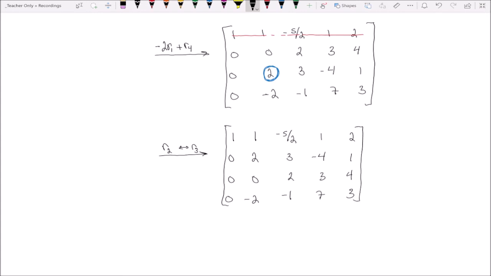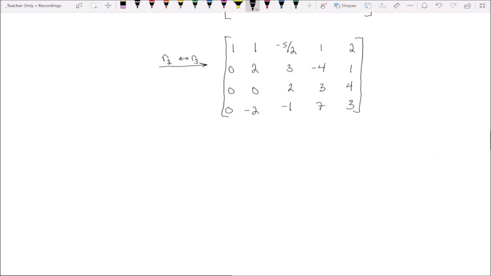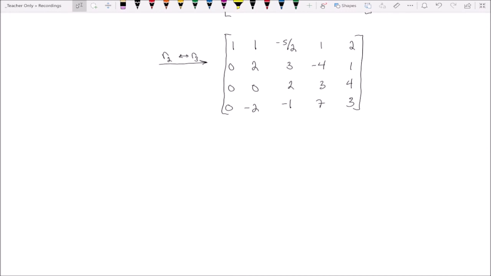Now, from here I can proceed in two different ways. I can add row 2 to row 4 right away to get rid of that -2 down there. However, I want to stick to the process until we are comfortable with REFing a matrix. So the process says I want to make that 2 a 1. And how is that done?